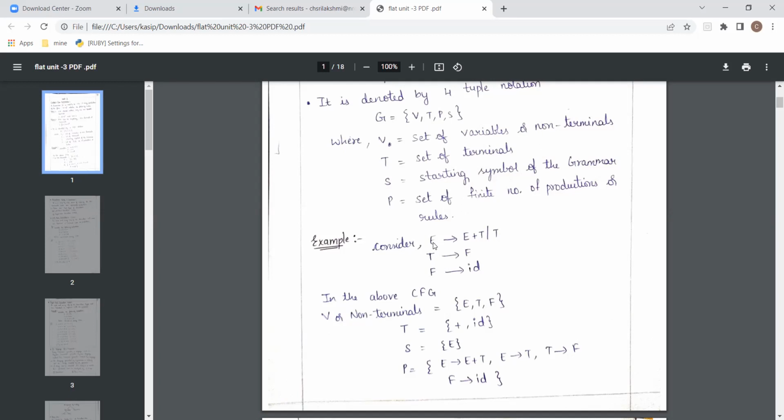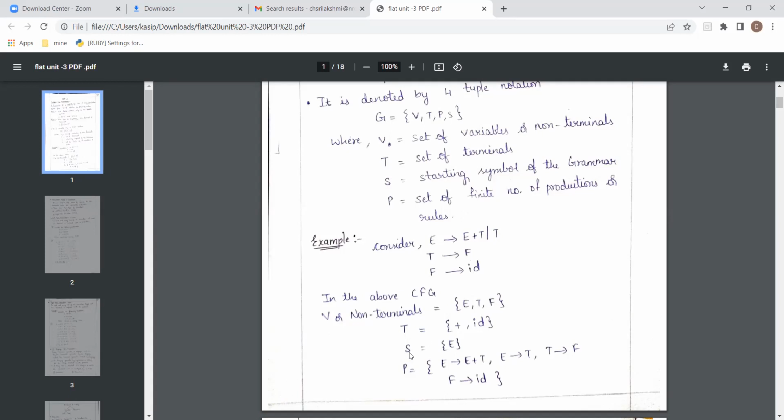So the LHS here is E, T, and F. These are the non-terminals. And coming to T, what is meant by T here? It is the set of terminals. What is the set of terminals we have here? Plus, ID, hash, all these belong to the terminals here.